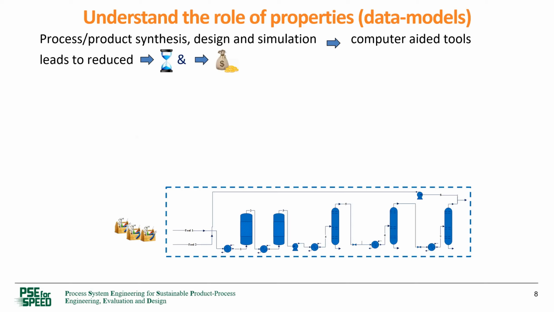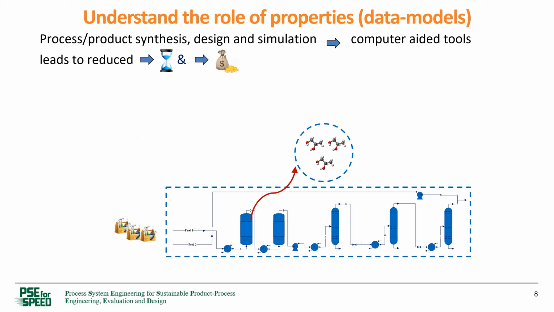What is happening in that chemical process is that there are some chemicals that are being converted, either from reactants to products, or being separated. Some operation is involved with these chemicals.